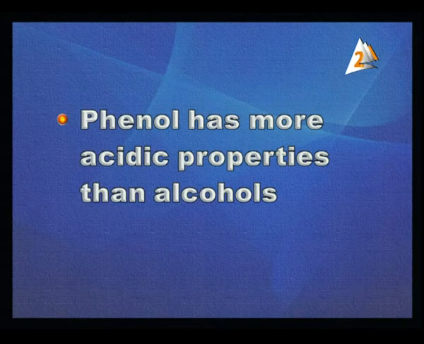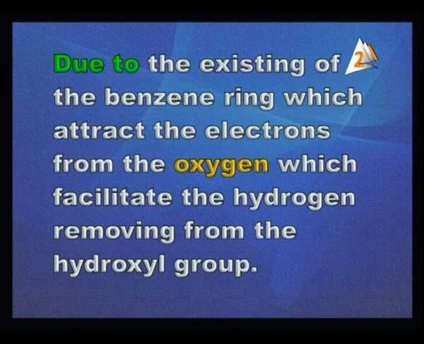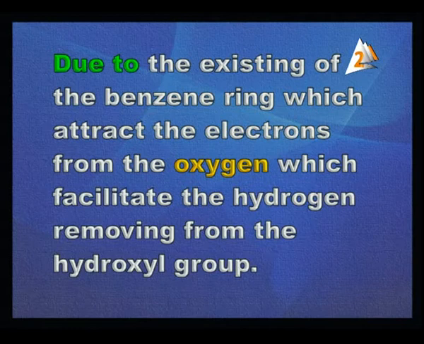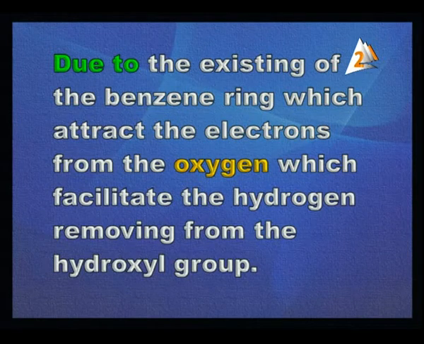Oh, good question. We know the answer directly when I say due to the effect of the benzene ring, which attracts electrons from the oxygen, which facilitates the removal of hydrogen from what? From the hydroxyl group. Good and easy.